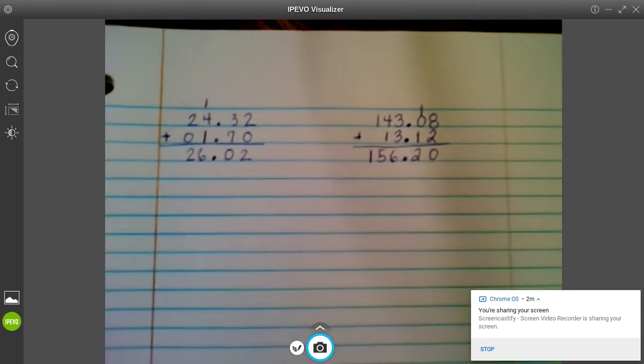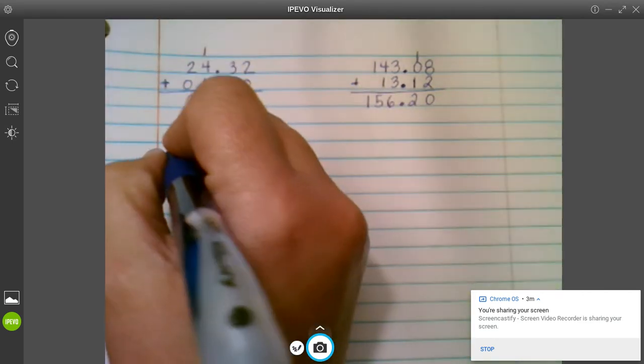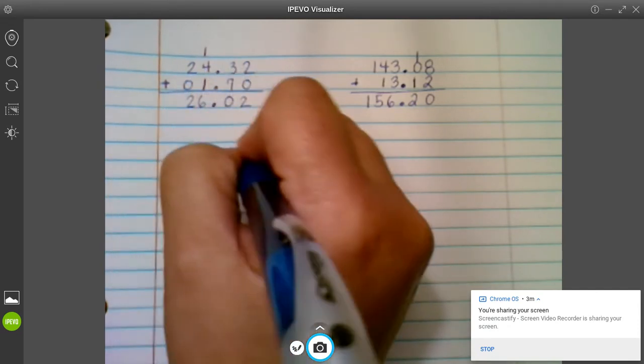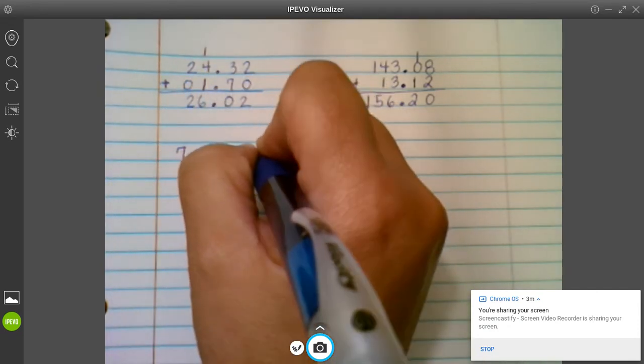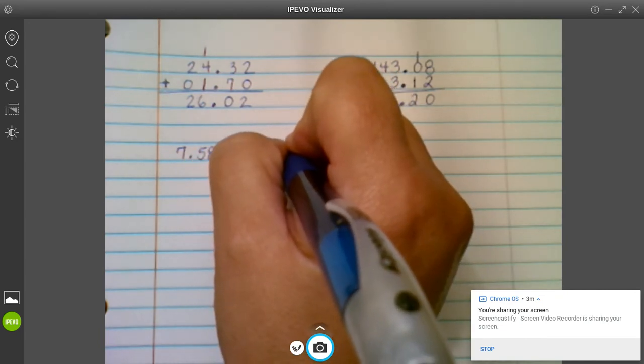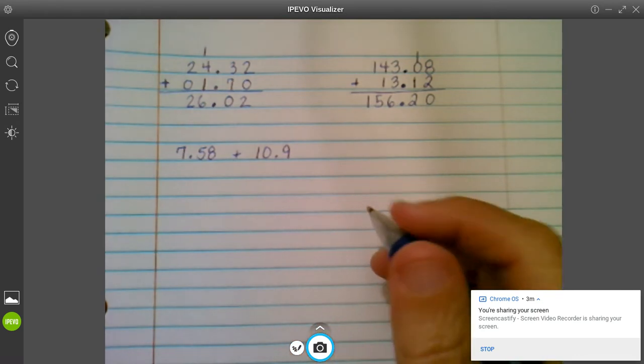Now sometimes you get decimal problems that are written horizontally instead of vertically. So it may look like this: 7 and 58 hundredths plus 10 and 9 tenths. All right, so the thing that you need to remember is that your decimal points have to be lined up.